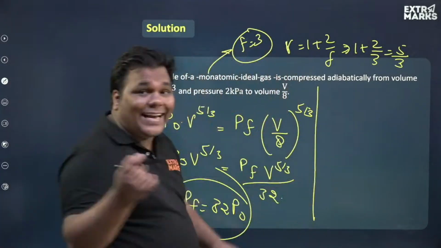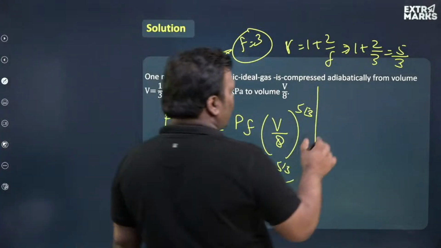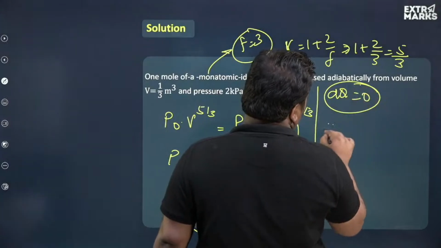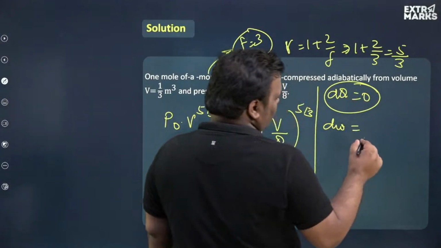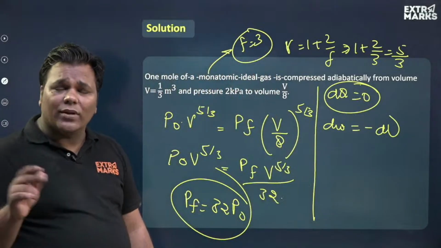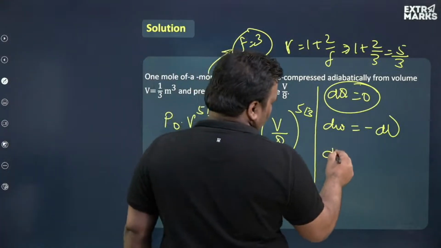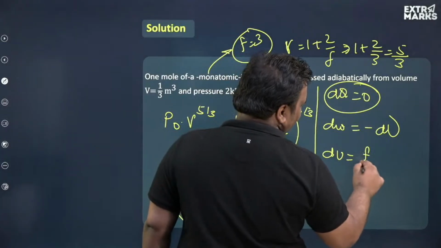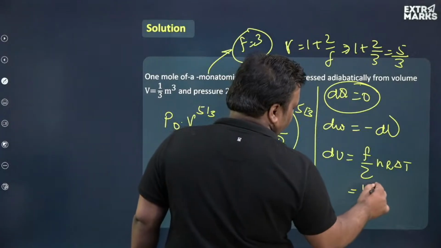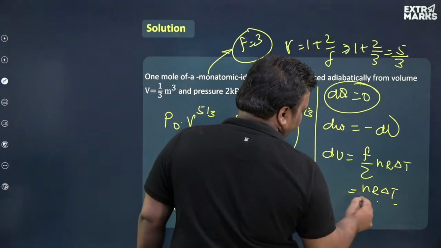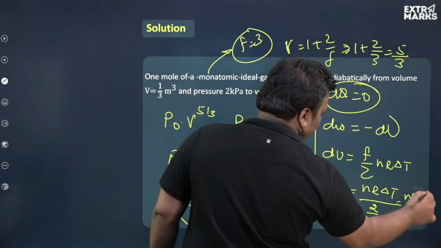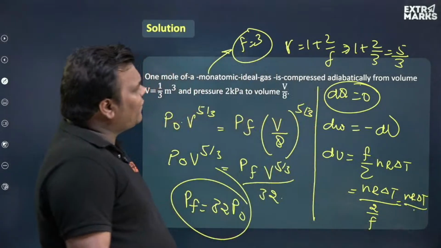We know that for an adiabatic process, dQ is 0. And dW is equal to minus dU. But we don't need to solve for dW. We need to calculate dU. dU is F by 2 nR delta T, that is nR delta T divided by 2 by F. What is 2 by F?